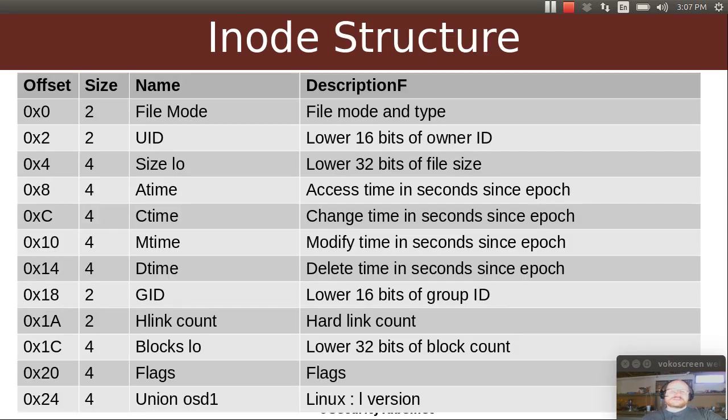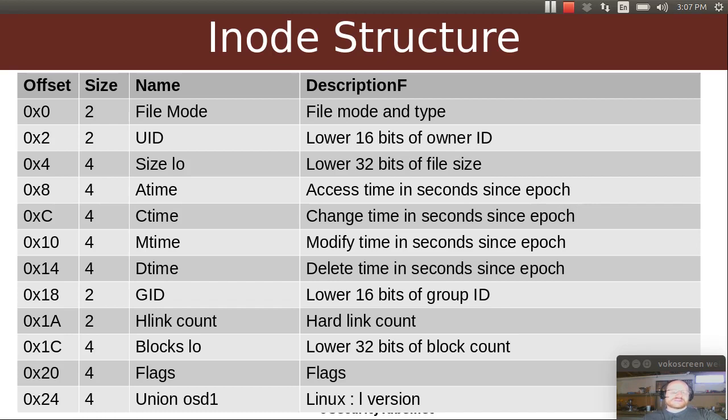So what does this inode look like anyway? It has all kinds of information in there. It starts out with a file mode, then the user ID that owns it, its size, its access, change, and modify times, and delete time if it's been deleted, its group ID, its hard link count.